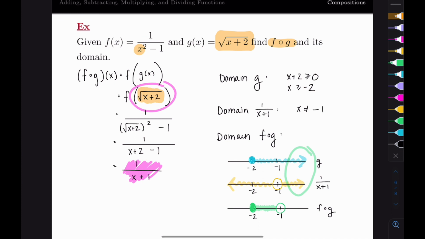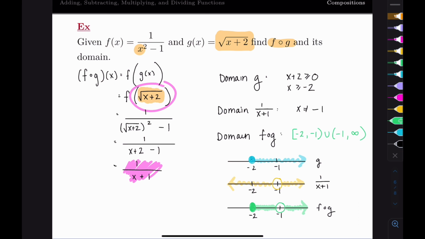I can shade to the right indefinitely on both, so that means we can do that over here as well. However, I don't have both of these intervals shaded in, so I cannot shade it in for the composite function. So our end result for the domain would be from -2 to -1, not equaling it, and then from -1 to infinity.